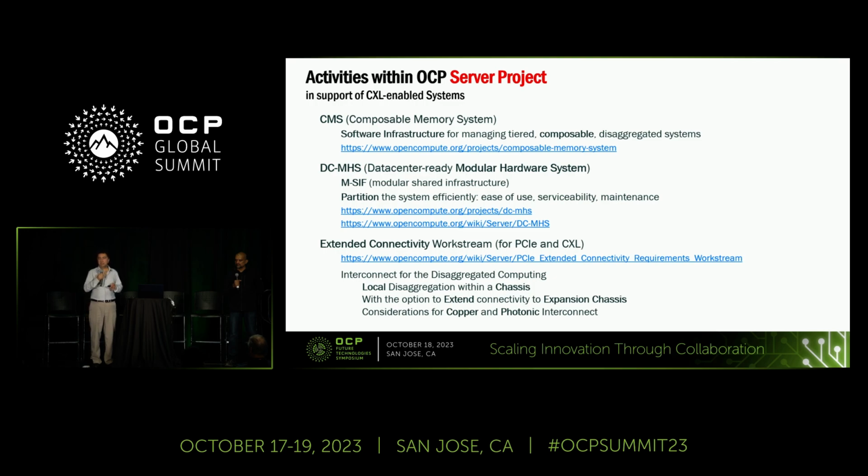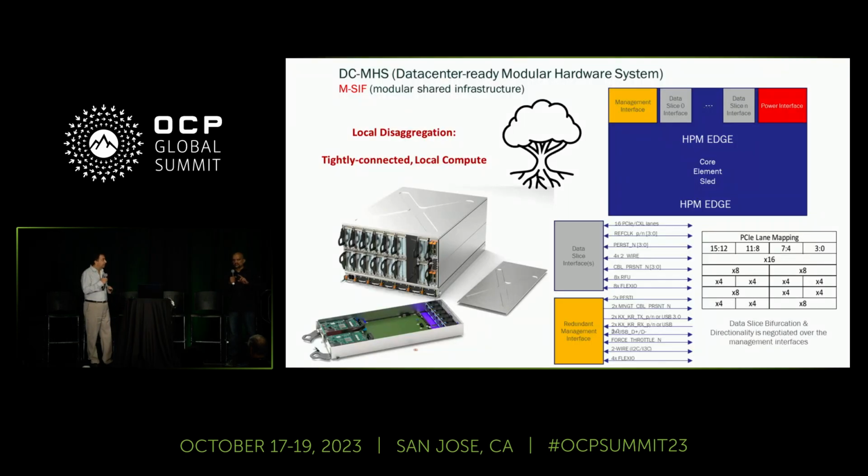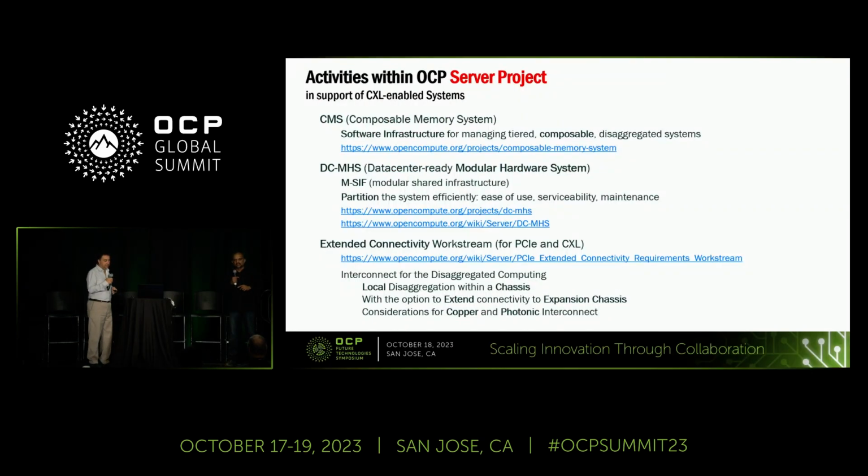DCMHS, data center ready modular hardware system, is the mechanical feature hardware aspect of the commonality we're driving. And extended connectivity is a work stream that is defining interconnect between multiple chassis or within a chassis to extend the features.